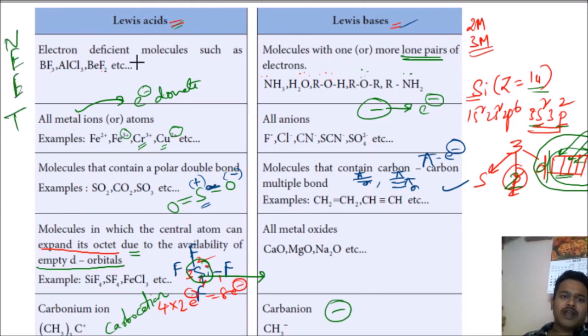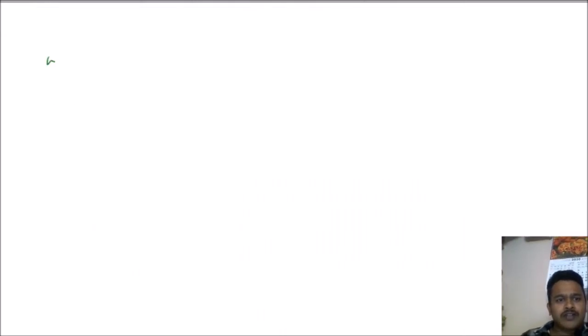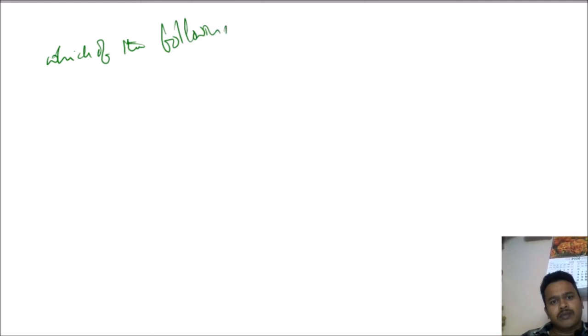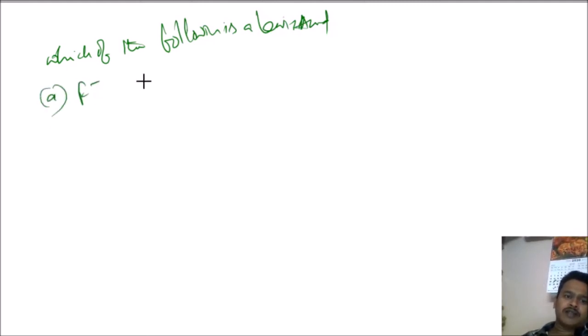Which of the following is a Lewis acid? They will ask, and in all these categories they will mix. When they ask an objective question, they can mix all the things. Which of the following is a Lewis acid? Option A, F minus.